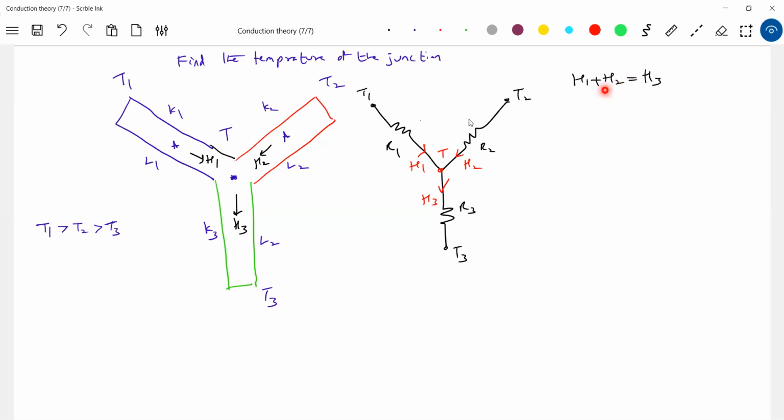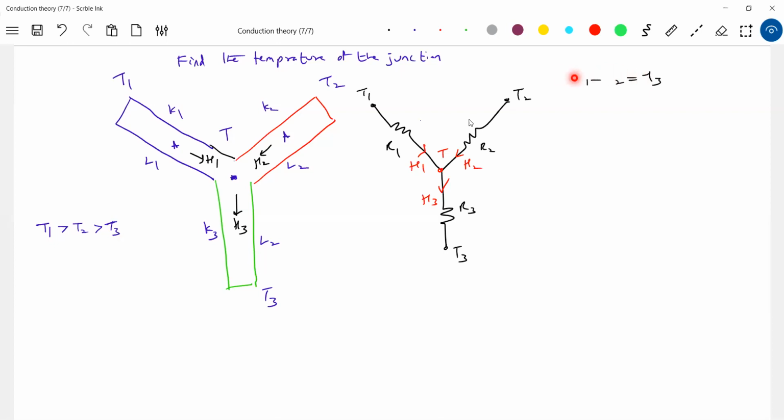Simple methodology. Amount of heat entering a junction per second should be equal to amount of heat leaving a junction per second. Don't call it Kirchhoff's law because we don't have anything like that. Still, since we know Kirchhoff's law, we'll try to equate here.